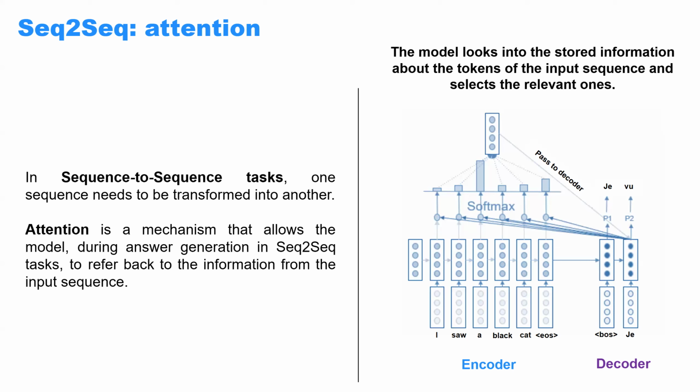It helps the decoder get more information about the initial sequence that was preprocessed by the encoder. So it lets the decoder look into the past information that was given to it, and then finds the most useful information out there.